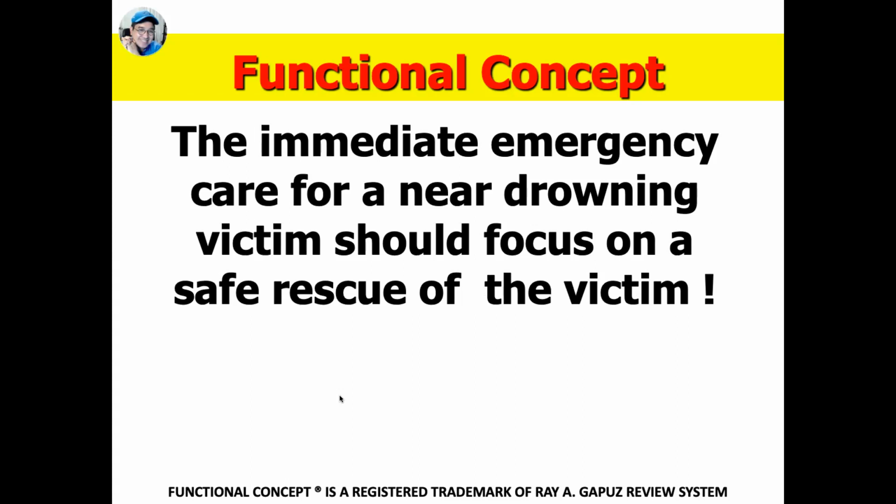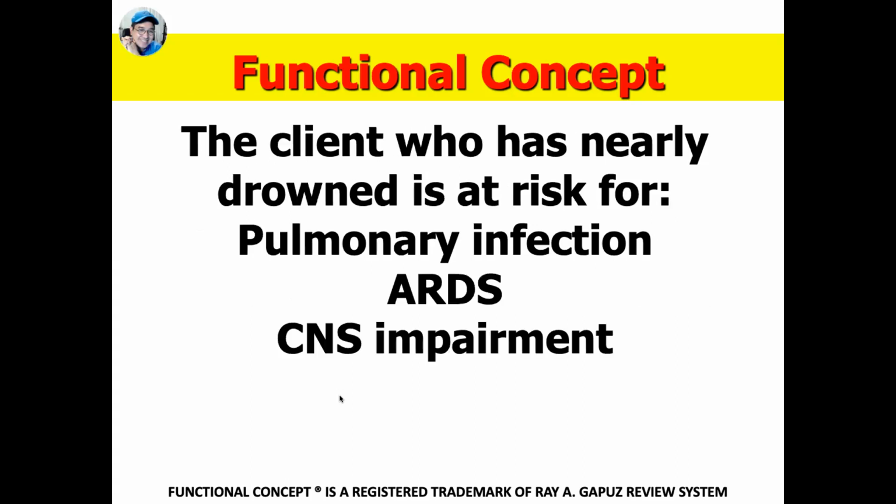For example, if the patient is too far away from shore, the rescuer might want to be on a boat to rescue them, because of course it would be difficult to go to the patient and go back to the shore with the patient. The client who has nearly drowned is at risk for pulmonary infection because the water for sure has microorganisms in it, acute respiratory distress syndrome for sure, and CNS impairment.